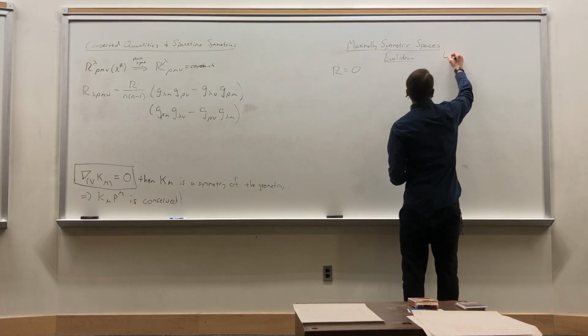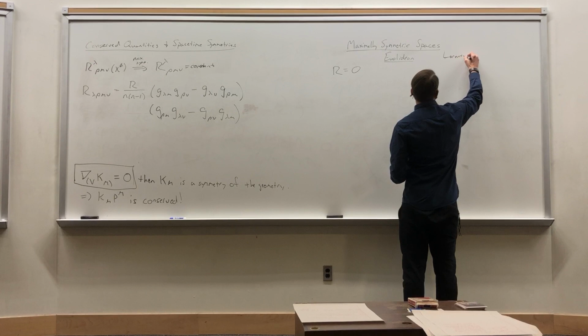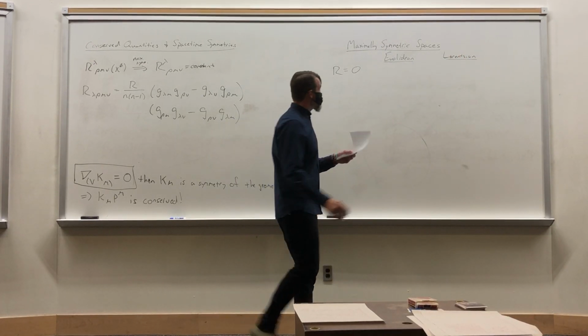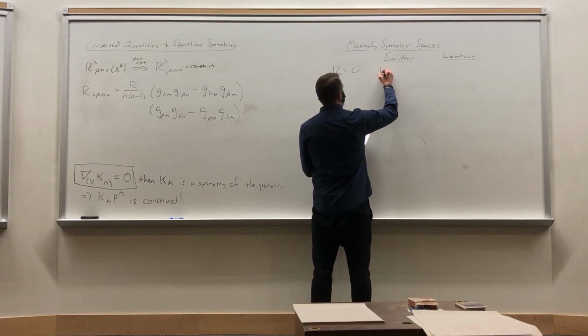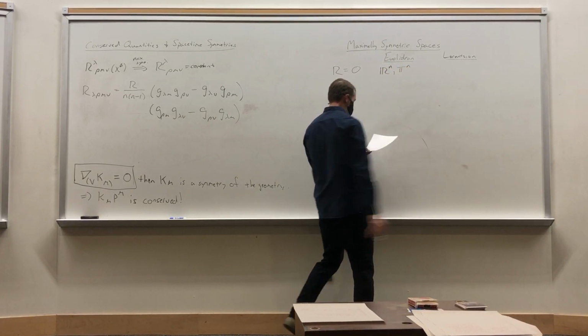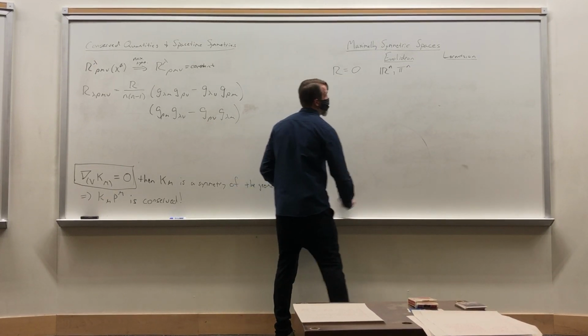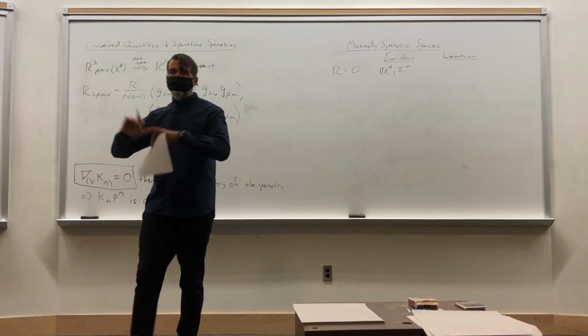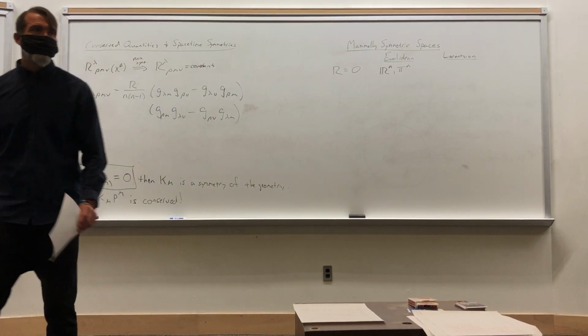So we have Euclidean and we have Lorentzian. The Euclidean signature spaces with R equals 0 include Euclidean space and tori.